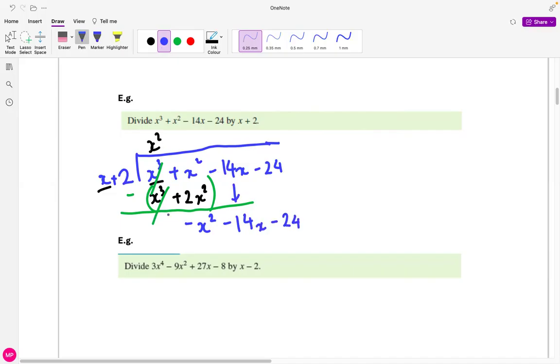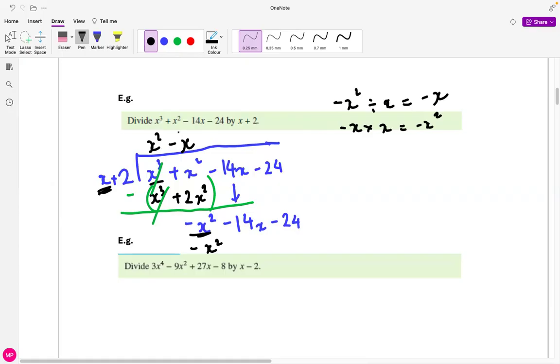Then you start the same process again. This time you do negative x squared divided by x, which gives you negative x. You write that on the top here. Then you multiply backward: negative x times x gives you back negative x squared. So it always ends up the same number here.